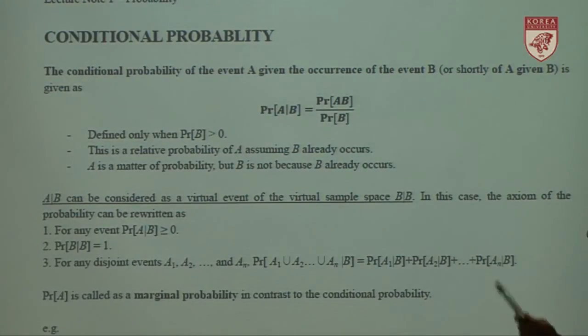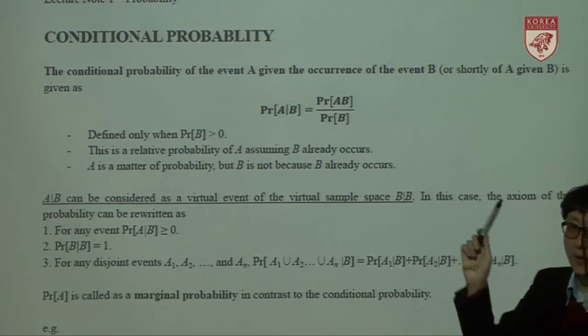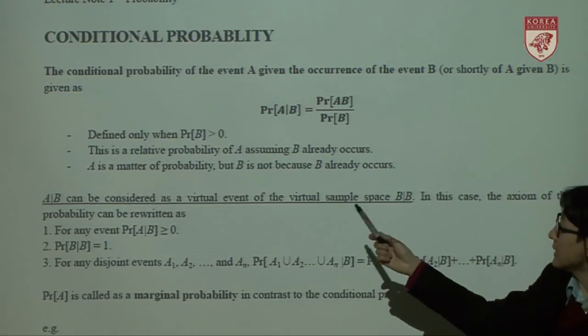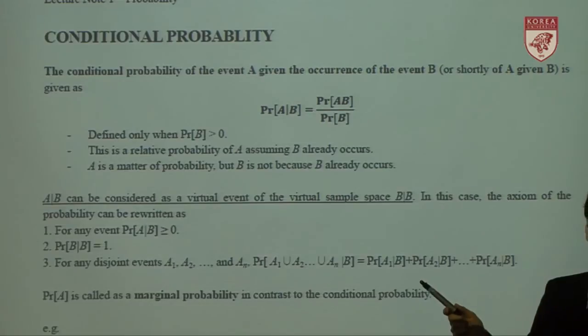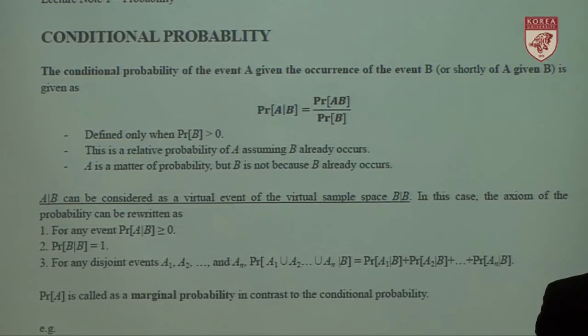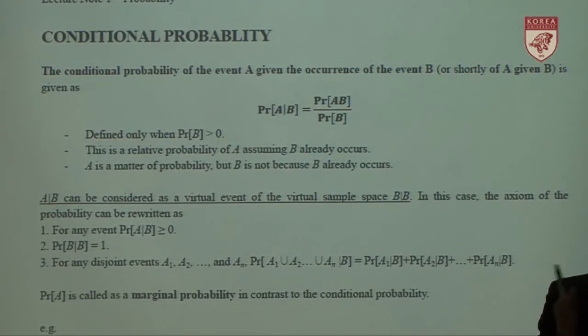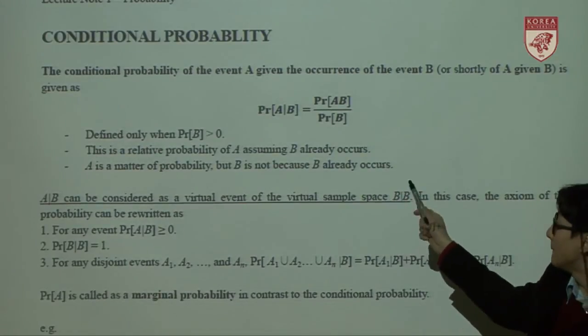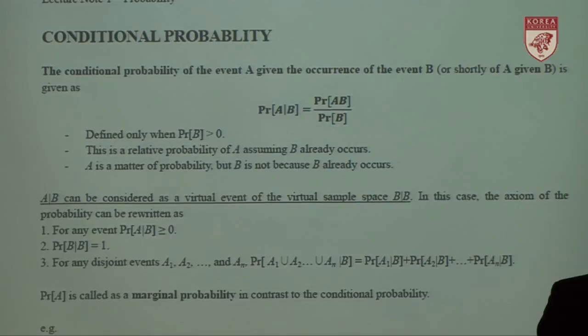Okay, and here, a more important thing is, A is a matter of the probability. That means event A may or may not occur. However, in this conditional probability, B is not the matter of the probability, because B has already happened. So B is fixed, totally fixed. So it's not under the probability. You got it?